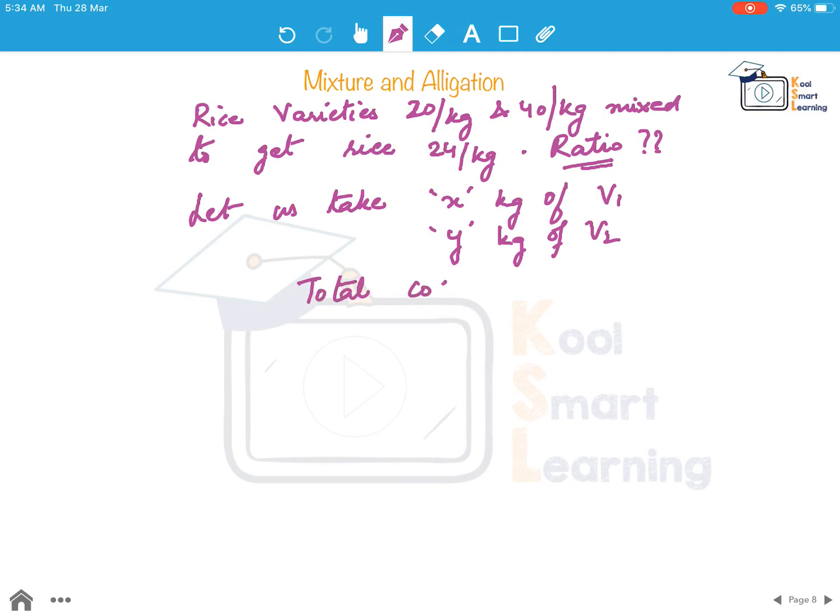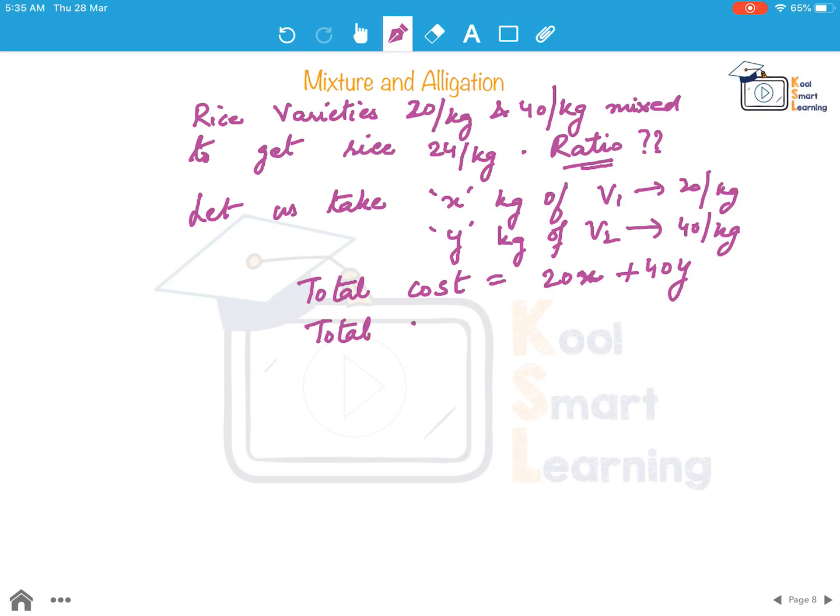What is the total cost? Total cost is 20 into X, because X kg is costing us 20 per kg and Y is costing us 40 per kg. So we are saying 20X plus 40Y will be the total cost when we are mixing X kg of V1 and Y kg of V2.